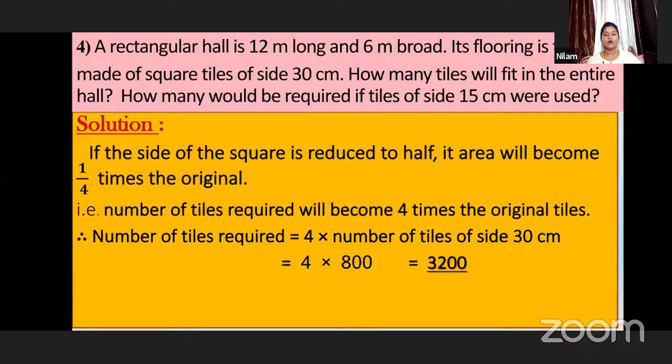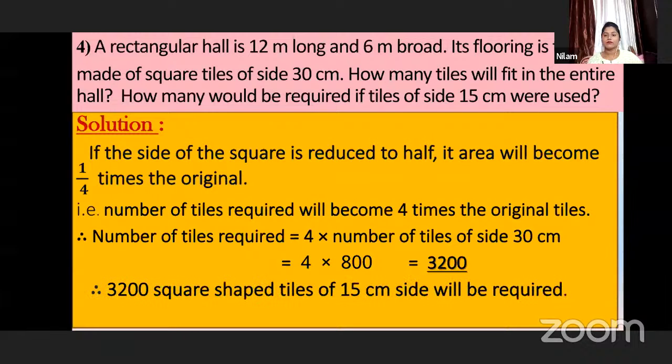Earlier it was 800 tiles when we had taken the side as 30 centimeter. But now as the side is 15 centimeter, we will require more tiles. So it will become 4 times of it. So 4 times 800 is 3200. Therefore, we require 3200 square shaped tiles of 15 centimeter side.